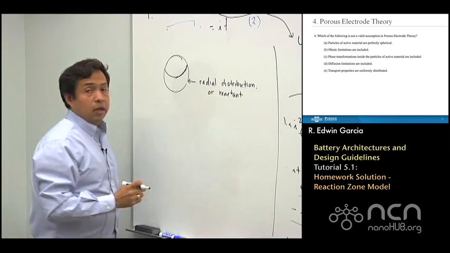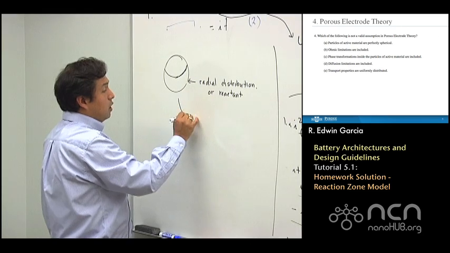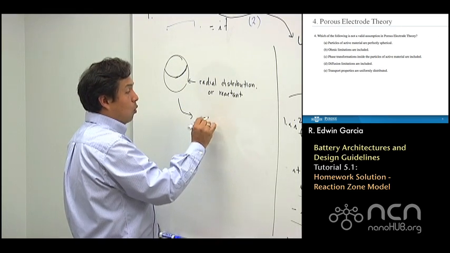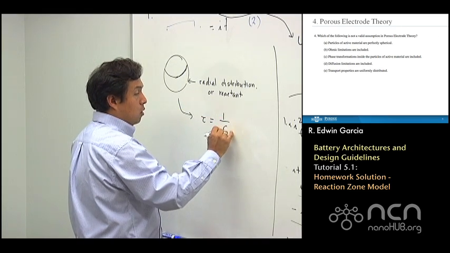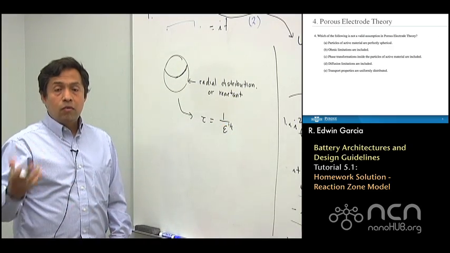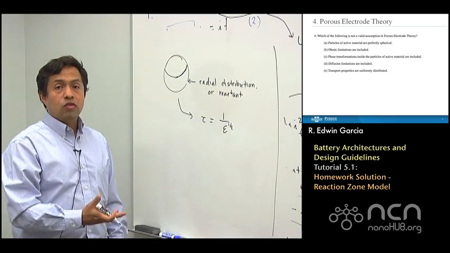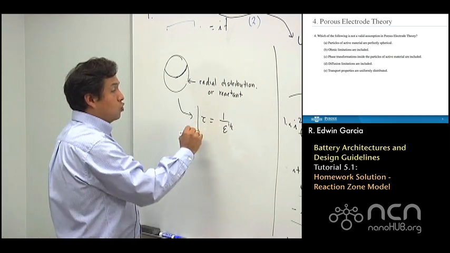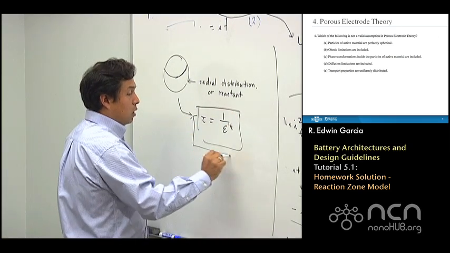And because the particles are spherical, that means that we're assuming that the tortuosity always goes as 1 over epsilon to the 1/2, which both models, the reaction zone model and porous electrode theory, assume, okay?